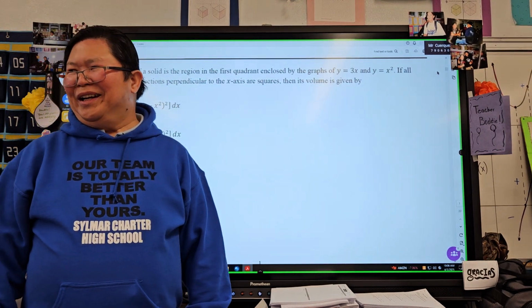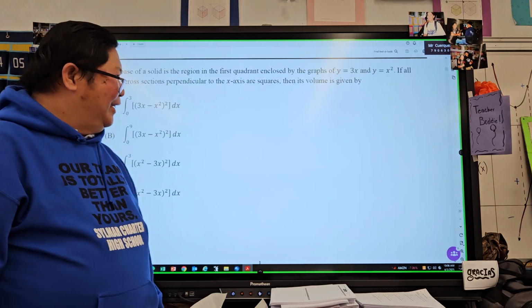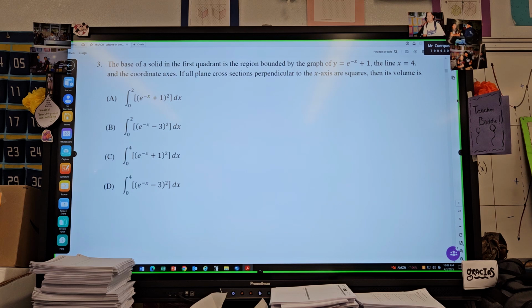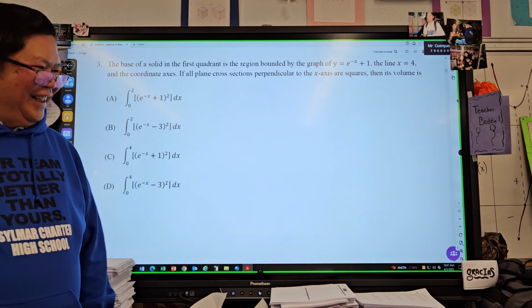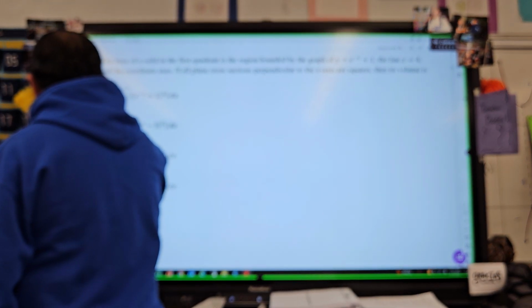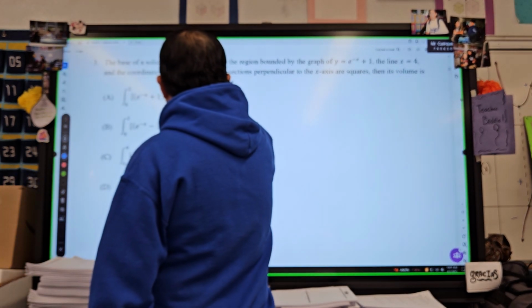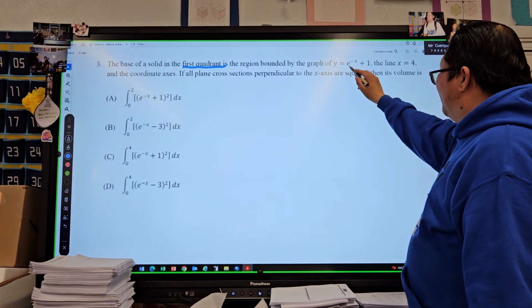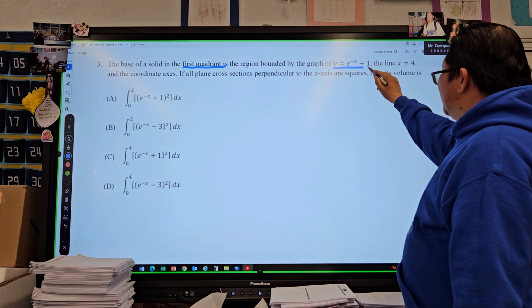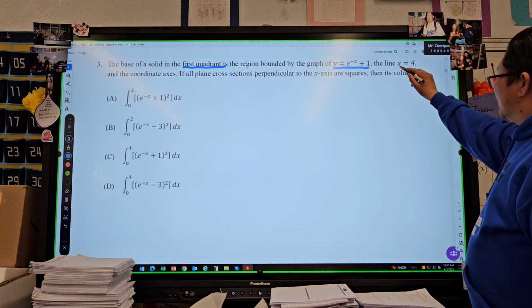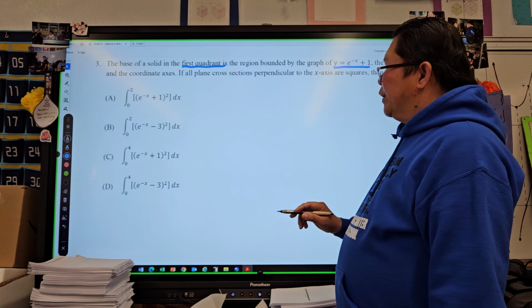I'm so sorry, I thought it was number 3 already. Okay, it's the same. The region is bounded by the graph of y equals e to the power of negative x plus 1, the line x equals 4, and the coordinate axes.